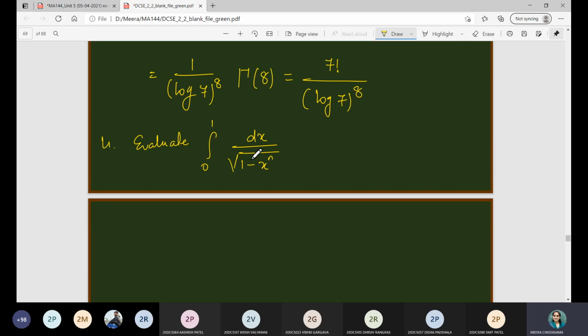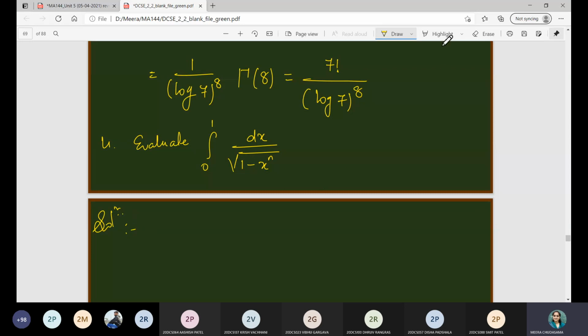This you can see is an improper integral of the second kind, because here 0 to 1 is a finite interval, but if you put 1 in the denominator, this will become undefined and discontinuous at endpoint 1. So all these are improper integrals, right? This is just for your knowledge.